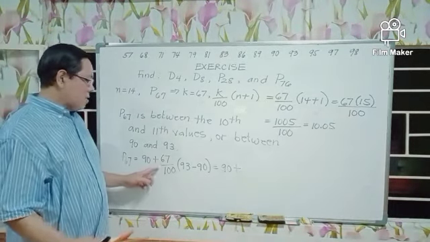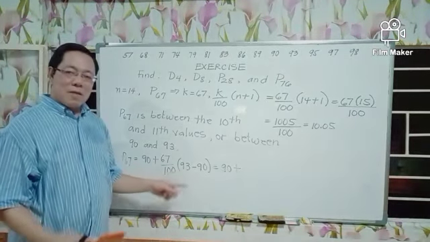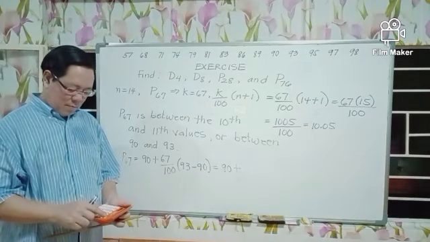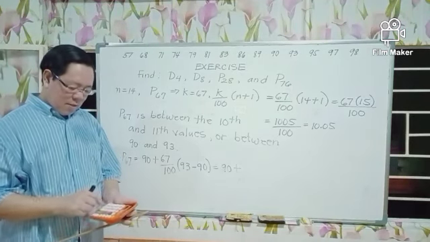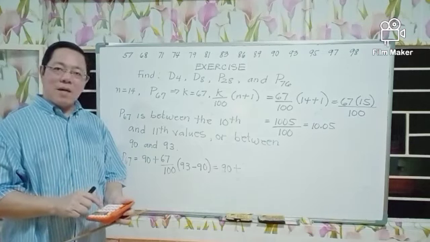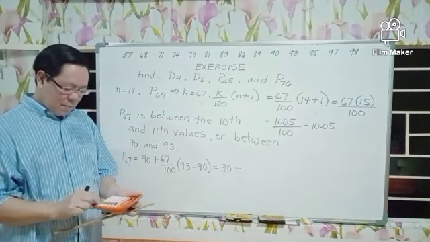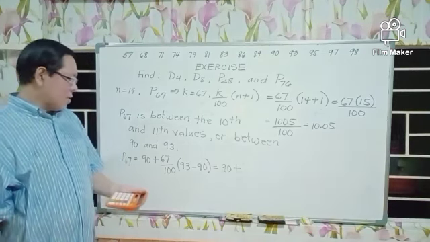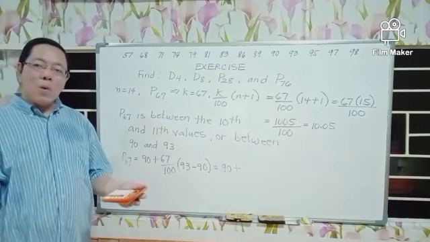Multiply that by 67 and divide by 100. We multiply 67 by 3. 67 multiplied by 3, and you should get 201.